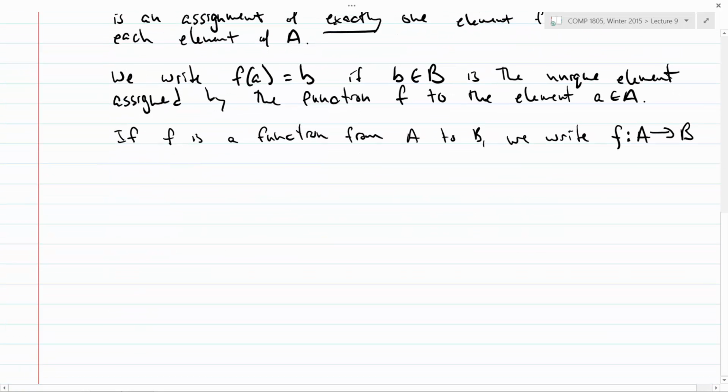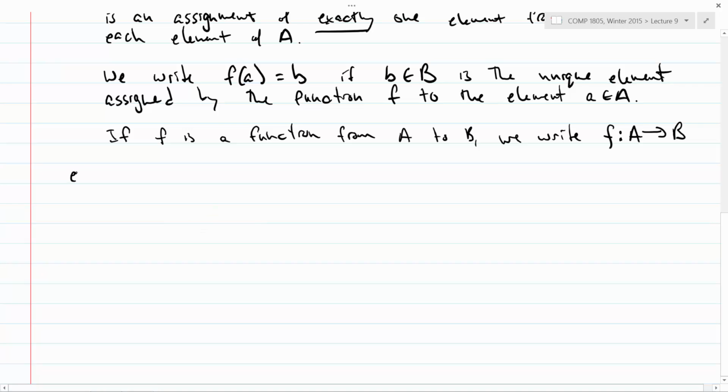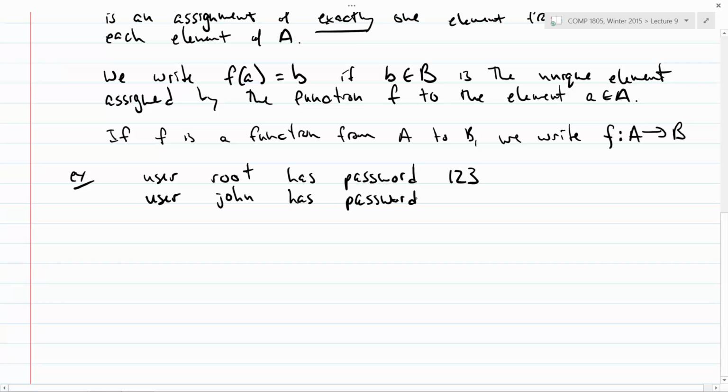All right, so let's see an example. So we have a bunch of users. Let's say the user root has the password 123, as you would want the root user to have. User John has the password, let's say, P455W0RD.